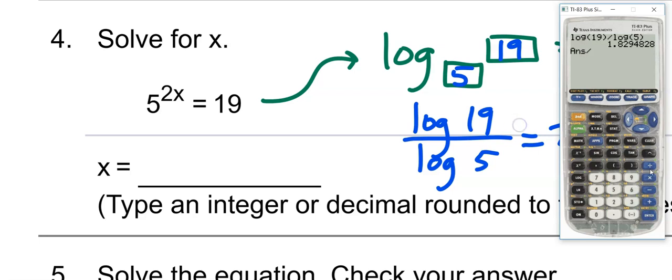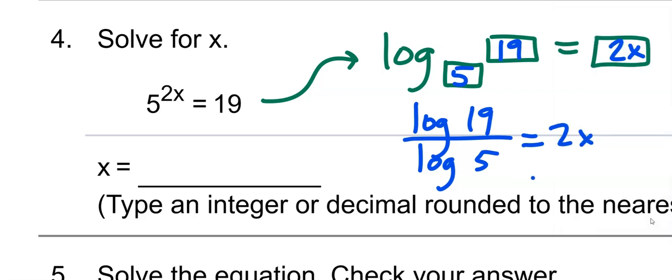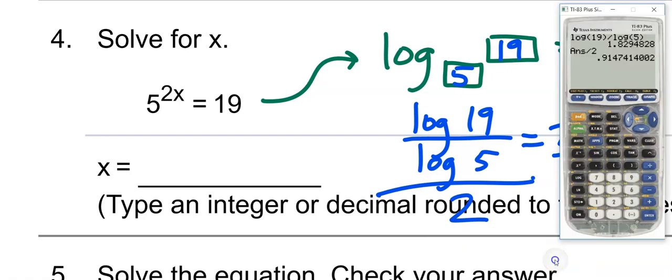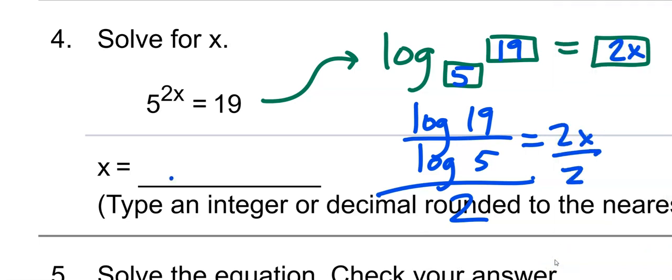So I can easily say that I would divide by 2 to get my final answer. So I would divide that by 2, and we end up with, what did I just say? Not 0.915. Man.